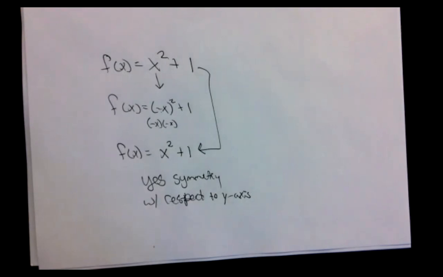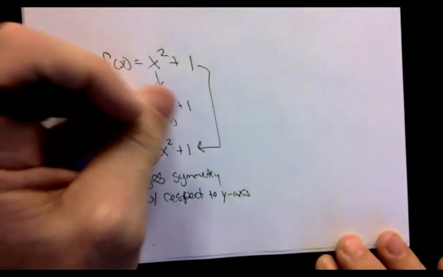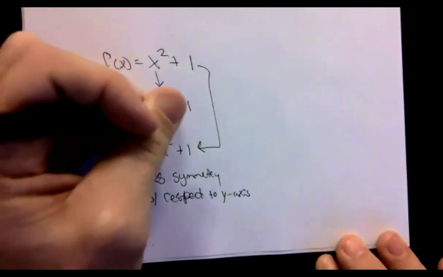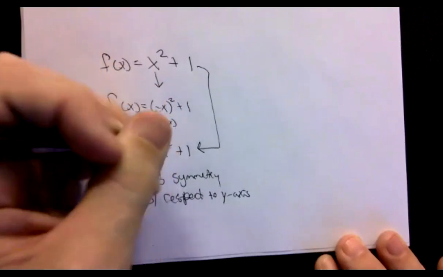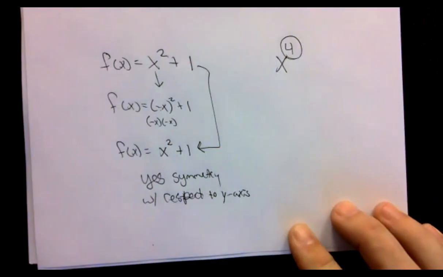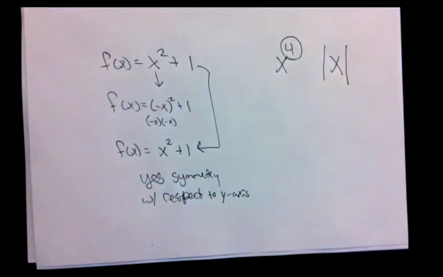And just like before, basically the only thing you can put a negative x in for and not change it is even powers of x or absolute values of x. Pretty much anything else is going to cause you to lose your symmetry.